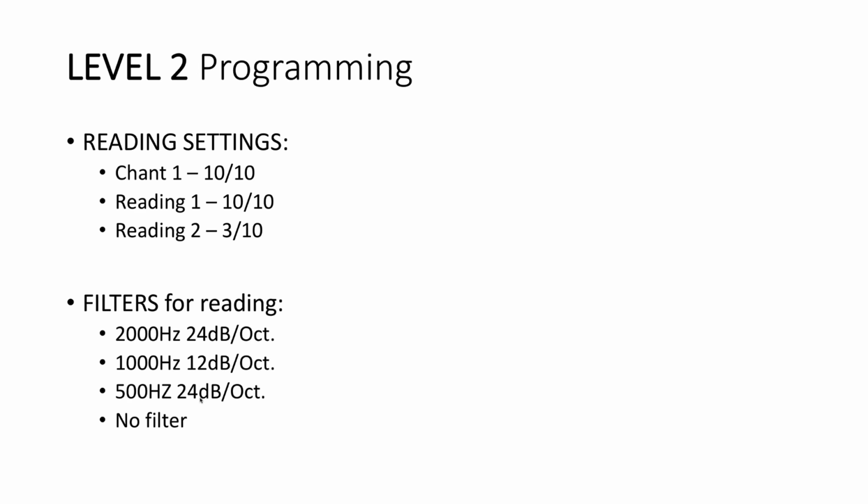And then we have the no filter. We can use it in Chan 1 to widen the spectrum even more, but you use it once you have done the 1500 filter in Chan 1. If you have hearing losses that are very low, you put no filter.